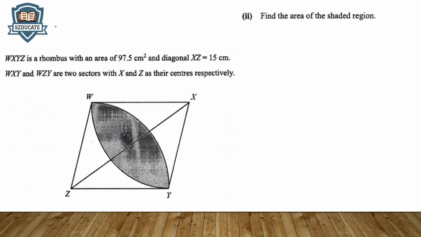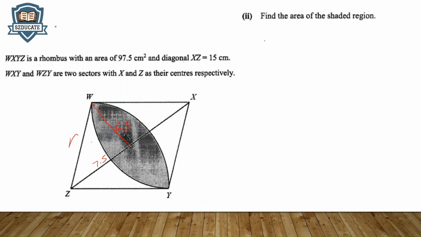Now, just to recall, this length all the way to the center is 6.5. From here to the center is 7.5. It will be very useful to find the sector radius, which is WZ. So I want to find this first.